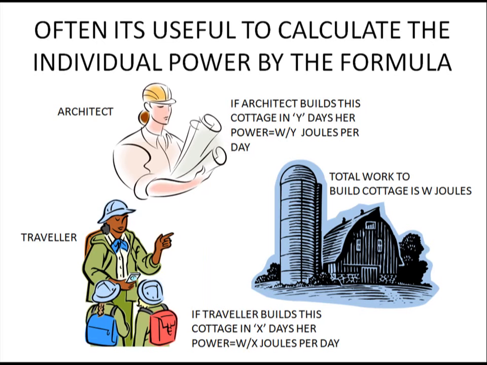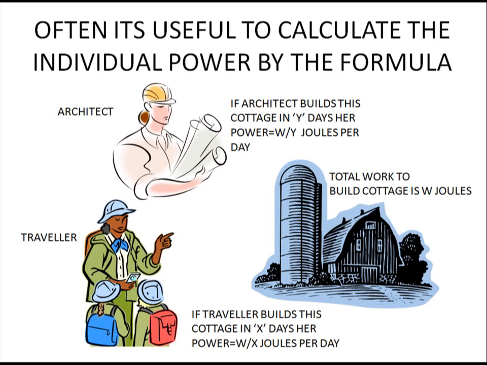Now, this is again something that we did earlier, and you can review what we did. So, an architect builds a cottage in Y days. So her power would be W by Y joules. So we are here now replacing our work done by a variable because we don't really know how much work is to be done.